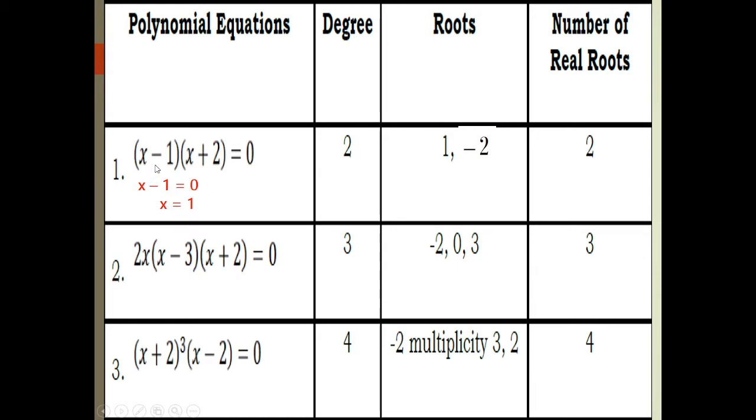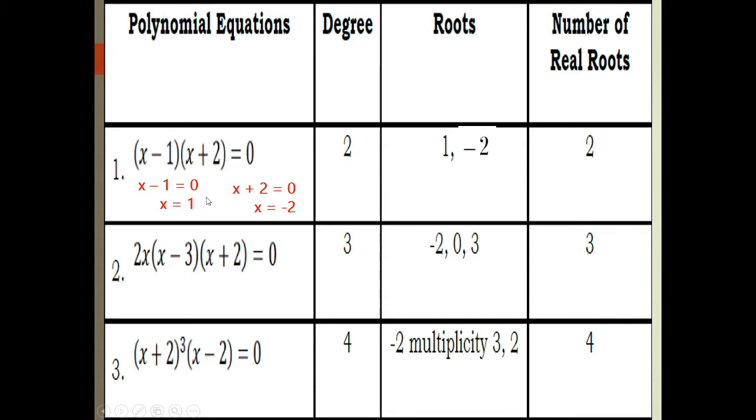So, solvein muna natin. If x minus 1 equals 0, di ba sabi, equate it to 0. So, x equal to 1. So, transpose natin yung negative 1, magiging positive 1. The other one, if x plus 2 equals 0, x is equal to negative 2. So, lalabas, ang degree natin ay 2.